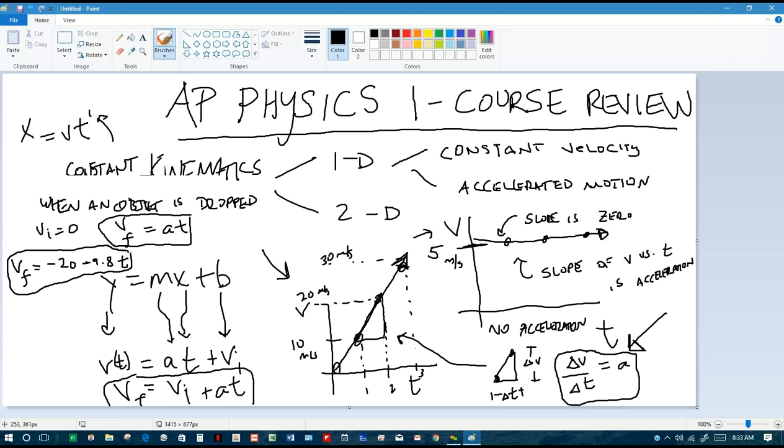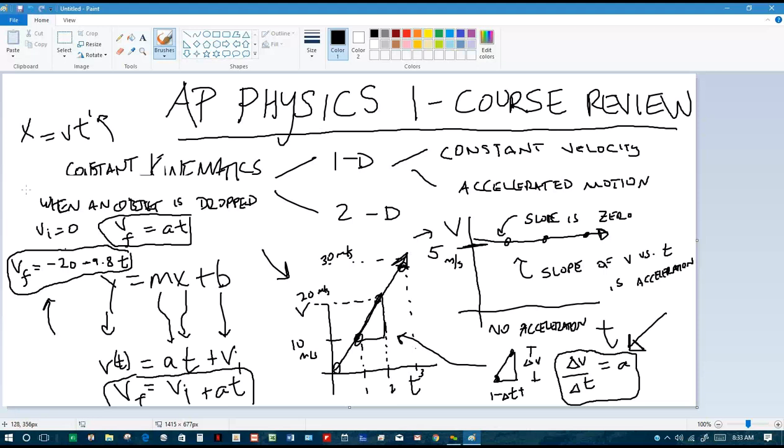If they asked how fast that basketball is moving 5 seconds later, this formula will do that. It's taking into consideration that it started with an initial downward velocity, that's why it's negative 20 meters per second, and then the negative 9.8 times t is how much the velocity increases while falling for a certain number of seconds t.